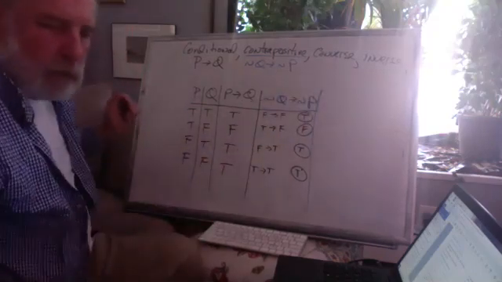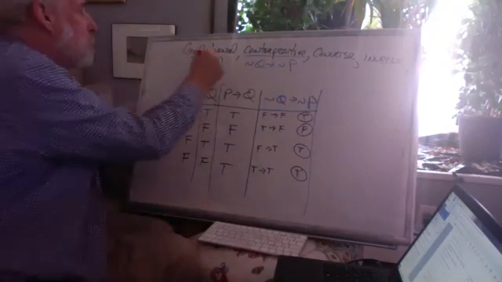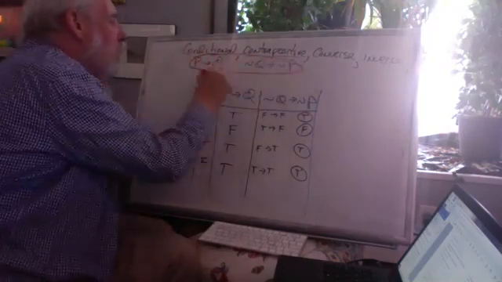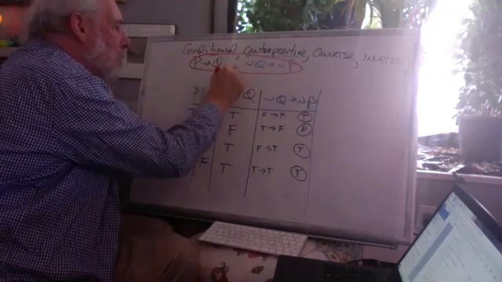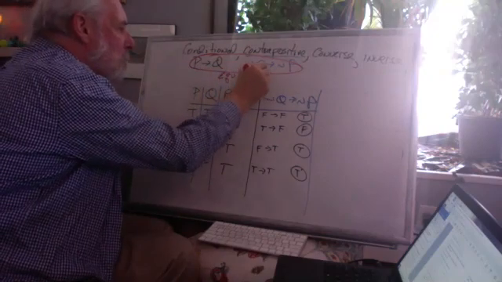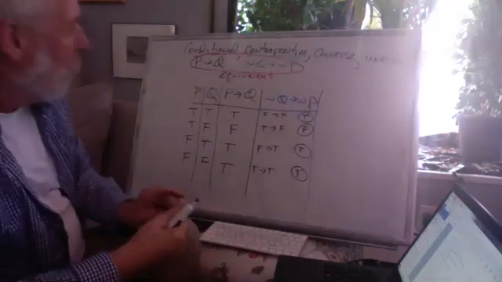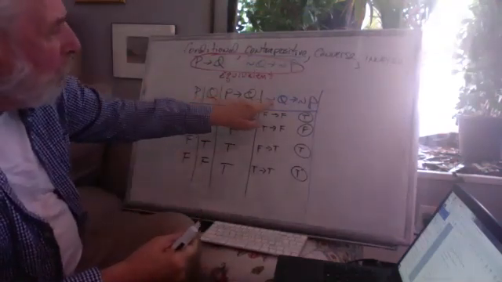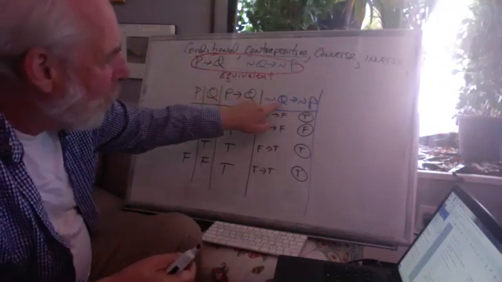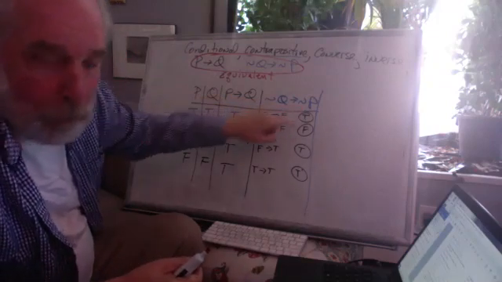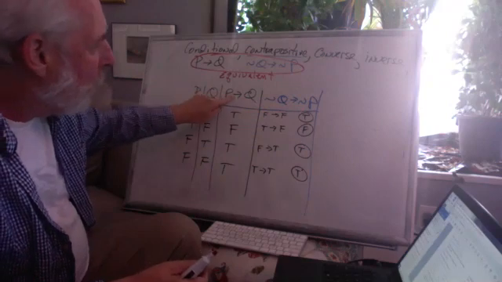So these two are equivalent. If it's a dog, then it's a mammal. So if dog, then mammal. If you flip it, if it's not a mammal, then it's not a dog. If it's raining, then there's clouds.